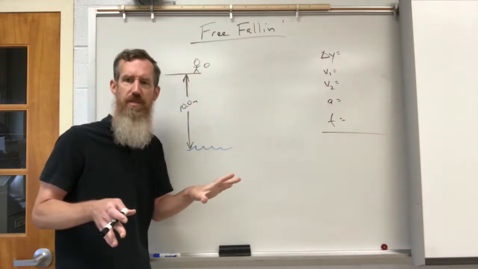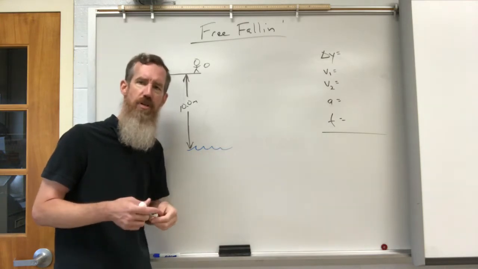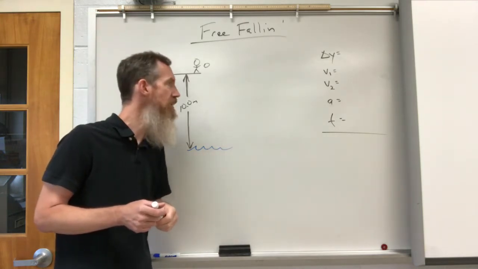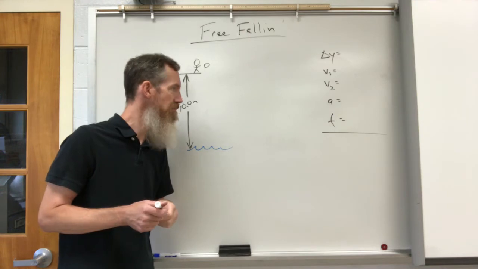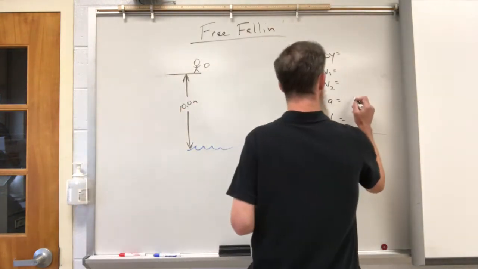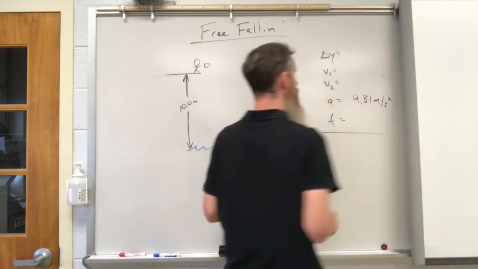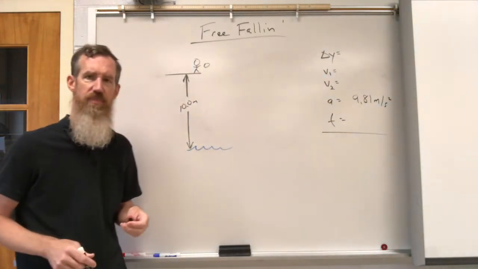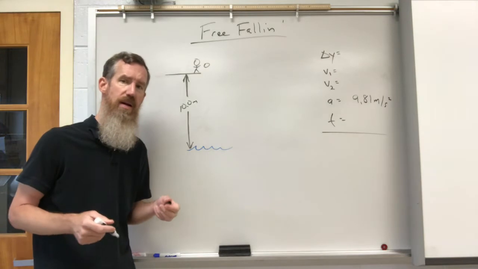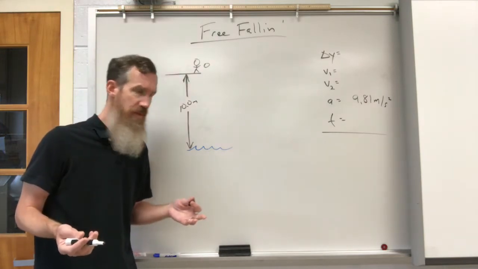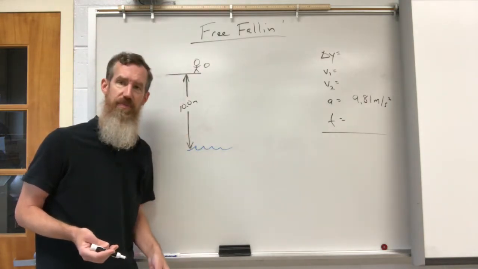There's no air resistance. Nothing's going to hold up the motion as it falls. Okay? So if it's on Earth, we know the acceleration is 9.81 meters per second squared. The question is, positive or negative?